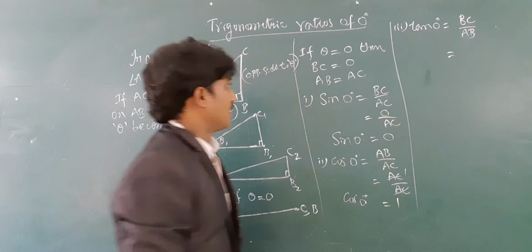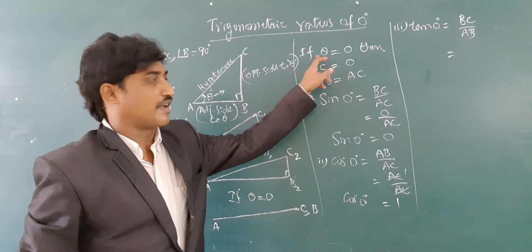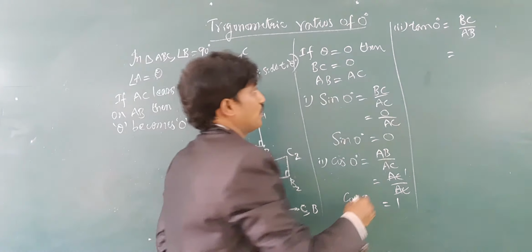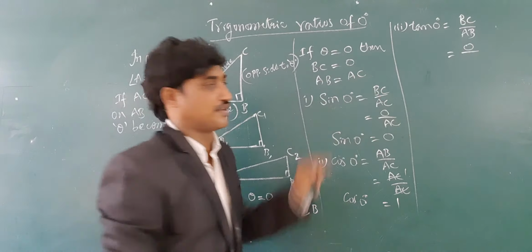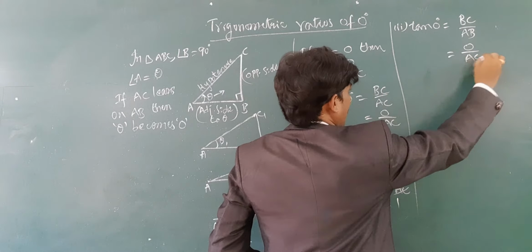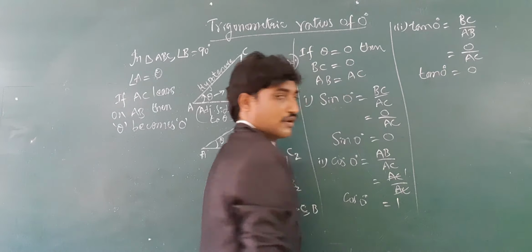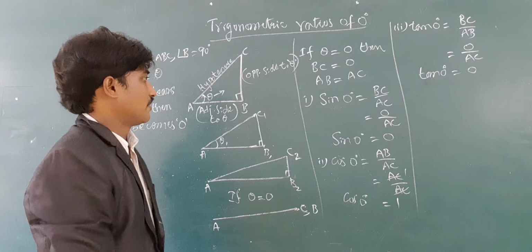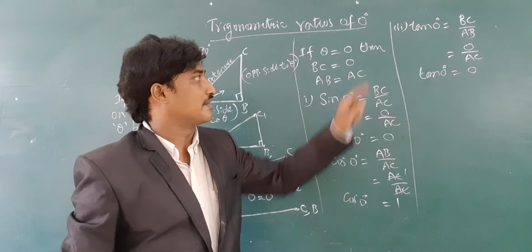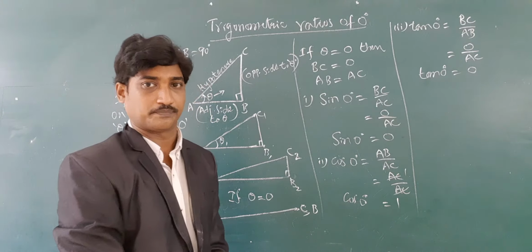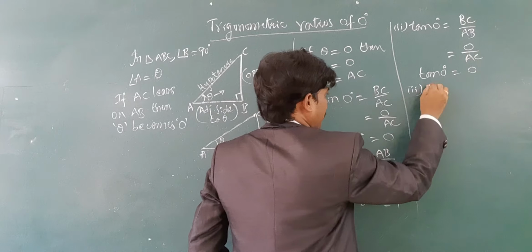We know BC value is 0 when theta is 0 degree. So BC is 0, AB equals AC, so 0 by AC. 0 by AC is 0. Tan 0 degree value is 0. Sin 0 is 0, cos 0 degree is 1, tan 0 is 0.